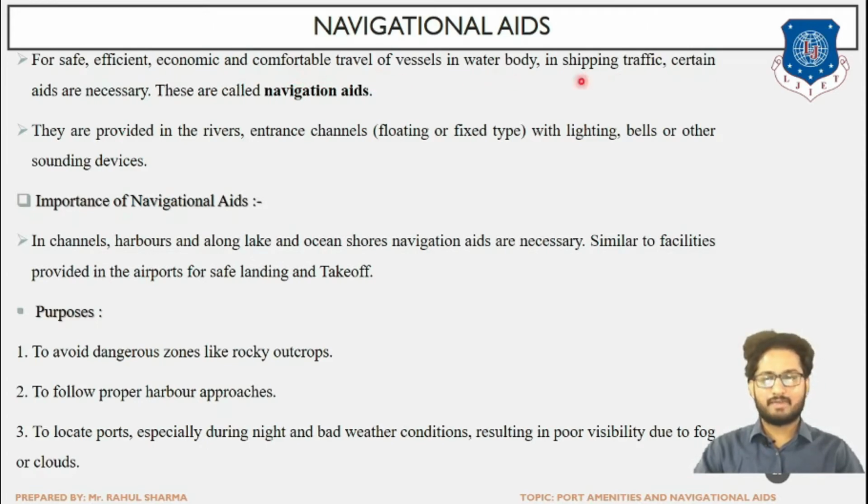In shipping traffic, certain aids are necessary, which are called navigational aids, basically satisfying these four requirements. They are provided in the entrance channel, that is the component which we have already studied, the passage through which the ship will be entering the harbour. It may be of floating or fixed type. We will be learning about this in the upcoming slides.